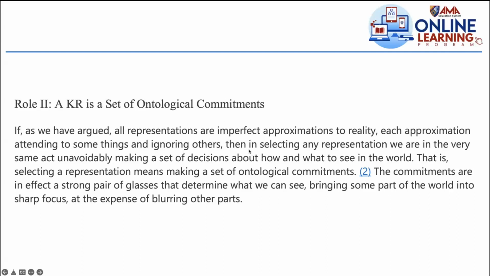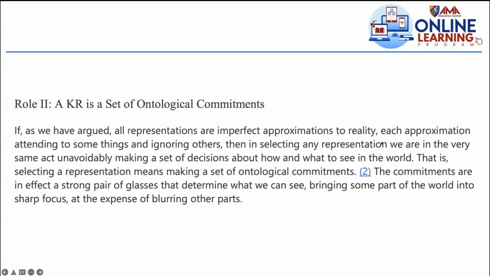Then in selecting any representation, we are in the very same act unavoidably making a set of decisions about how and what to see in the world. So selecting any representation has to do with the technique. Is it the rule, the frame, the logic that you're going to select, that you're going to commit to in the AI that you're going to develop? And that will affect how your machine will make a set of decisions about how and what to see in the world.